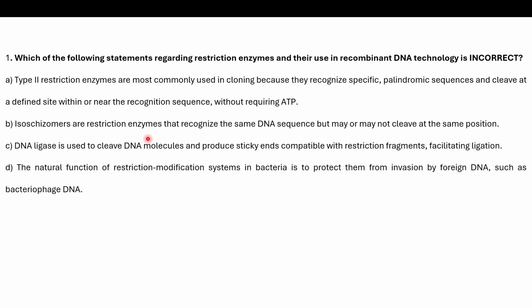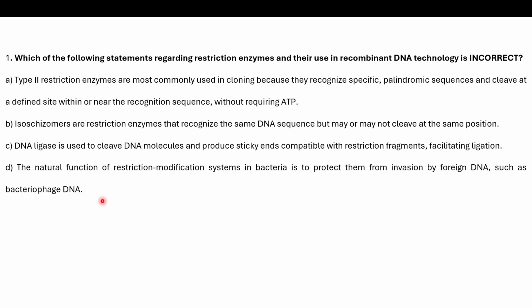Next, isoschizomers are restriction enzymes that recognize the same DNA sequence but may or may not cleave at the same position. Next, DNA ligase is used to cleave DNA molecules and produce sticky ends compatible with restriction fragments, facilitating ligation. And the other option is that the natural function of R-M, restriction modification systems in bacteria, is to protect them from invasion by foreign DNA such as bacteriophage DNA.